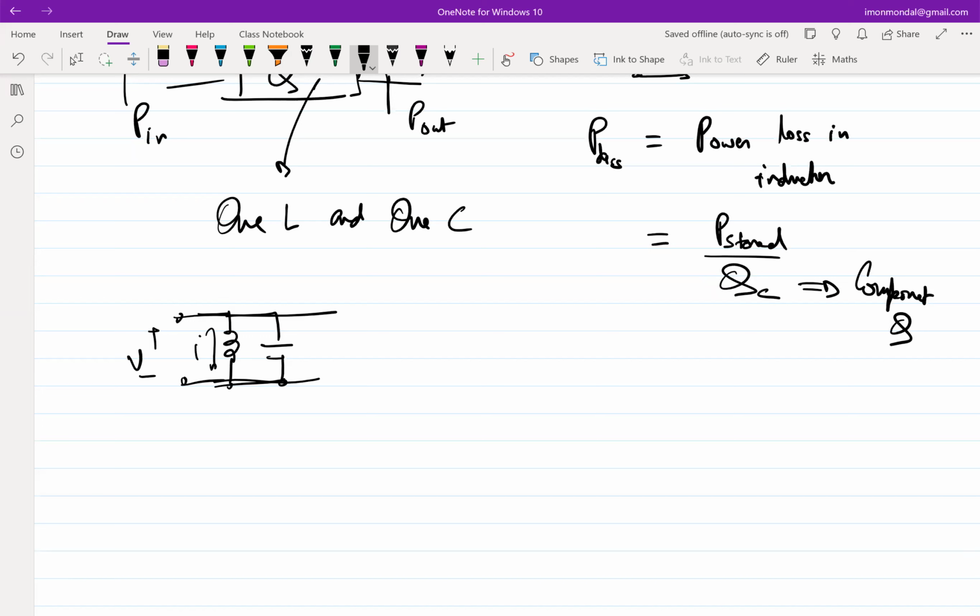At resonance, they are identical. So they are exchanging equal amounts of energy between each other, so it's neither blowing up nor blowing down. So in principle, if I know the maximum current in the inductor in the time domain, at that time the voltage across the capacitor is 0.